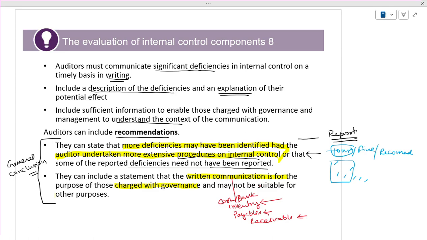We cannot take written communication for one specific thing and substitute it elsewhere. When you ask for written communication, it should be very specific for a specific purpose.